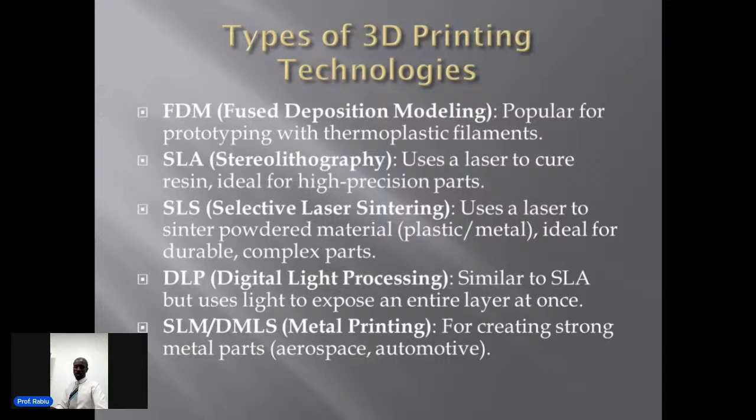Then we have SLM/DMLS, which is metal printing for creating strong metal parts. This is usually used in aerospace and automobile. Sometimes the Department of Defense will create objects to make sure their drones cannot be easily destroyed by a rocket and all that.